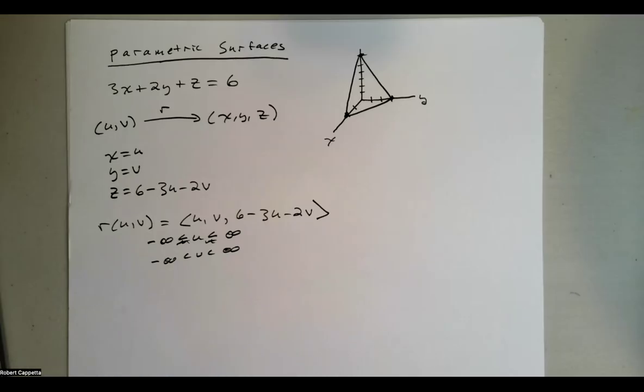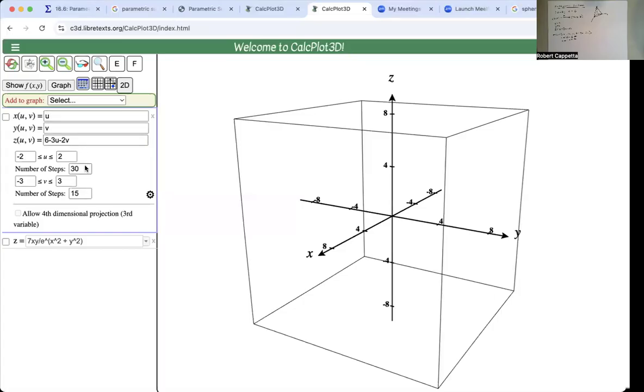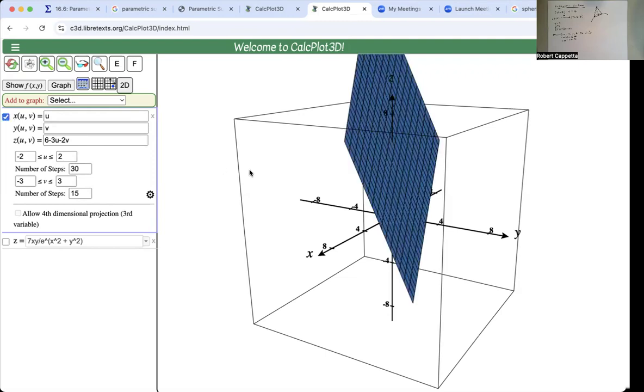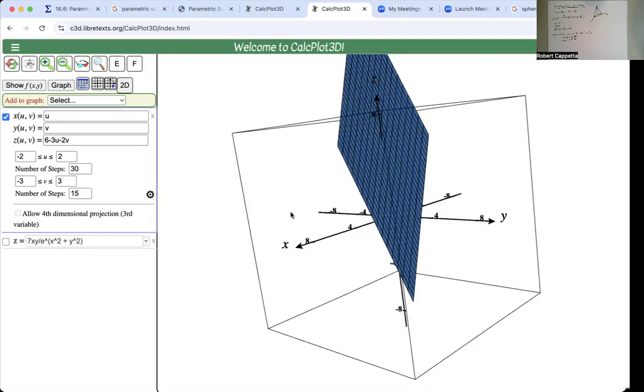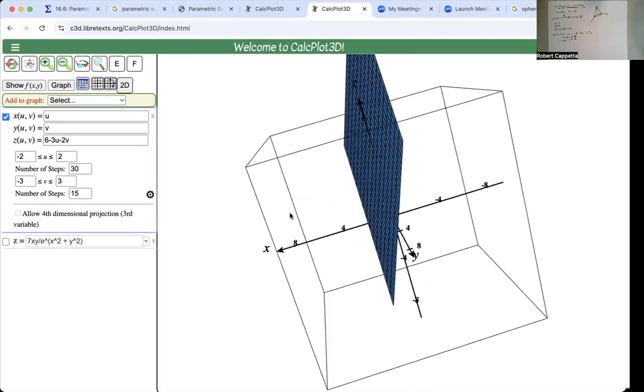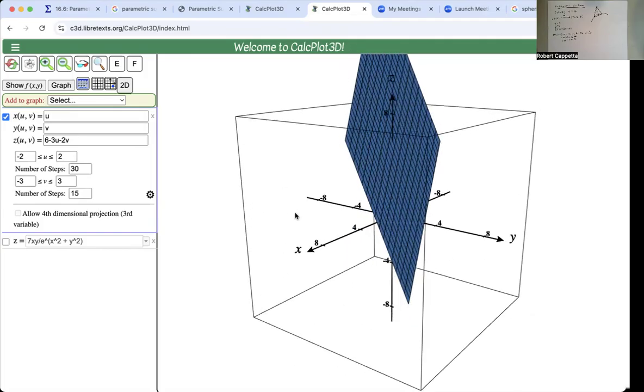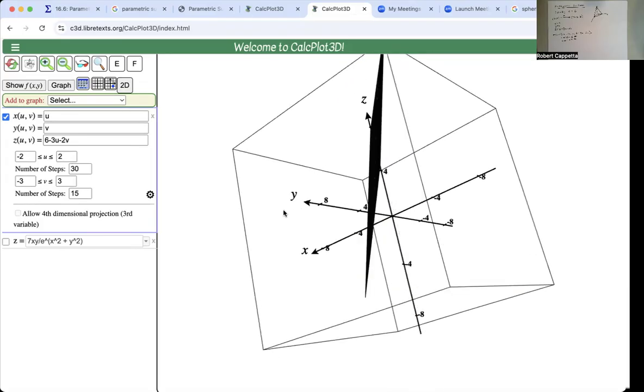So again, let's graph. So here's how I input that. X of UV is U, Y of UV is V, Z is 6 minus 3U minus 2V. Choose ranges of values that will give you a decent looking graph. So I've chosen these. As I graph it, we see indeed it looks like X probably goes out to 2, Y probably goes out to 3, and Z goes up to 6.